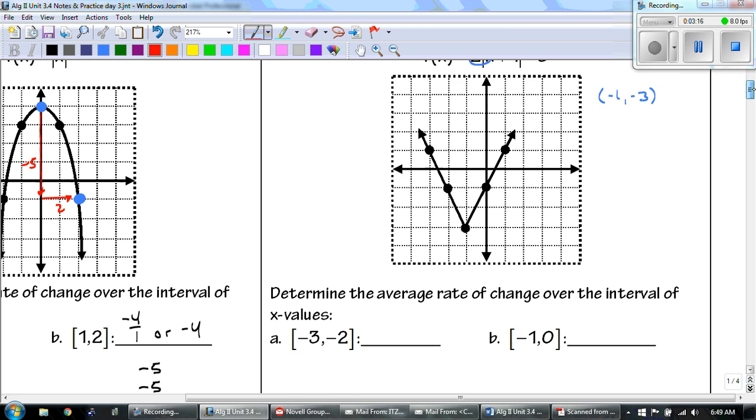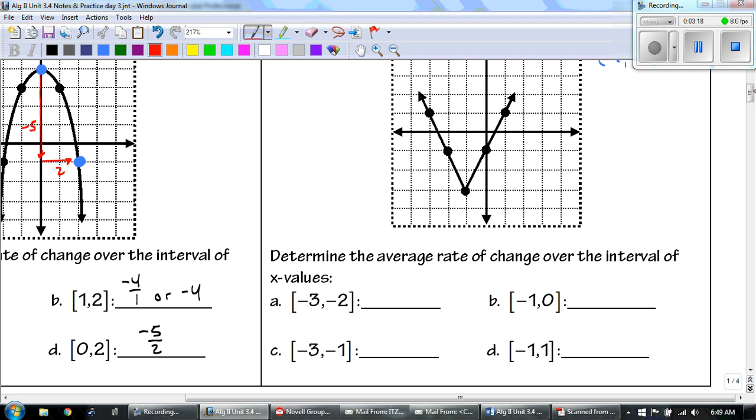But now we're just looking over that interval to see the x values, okay? So when x is -3 and -2, what's our average rate of change? Well, between those 2 points, I had to go down 2 to the right 1.